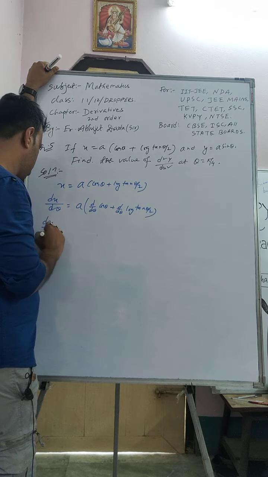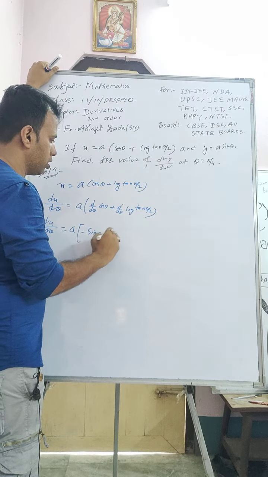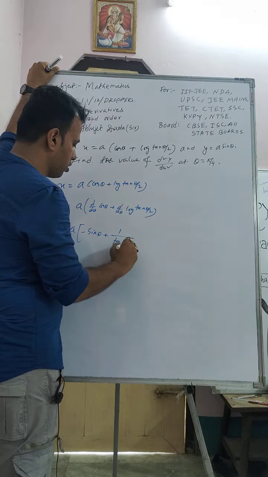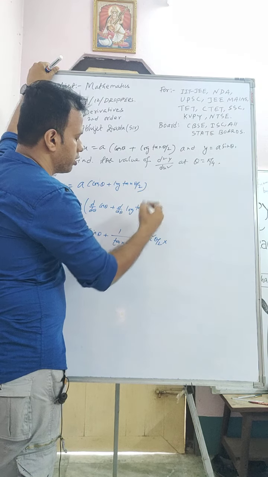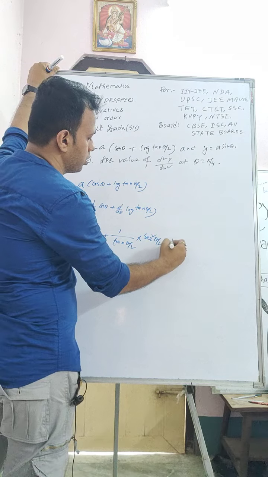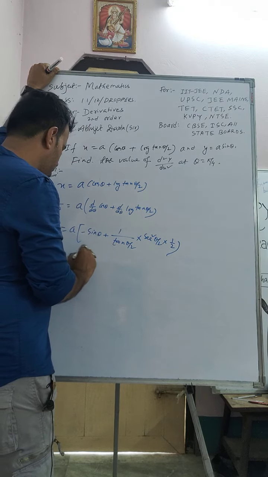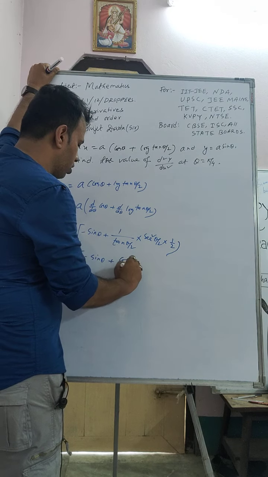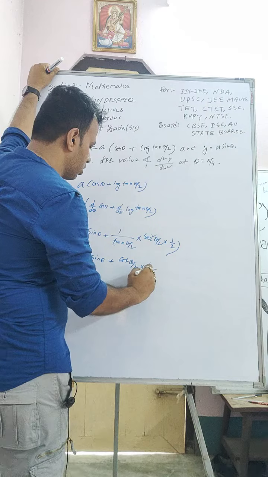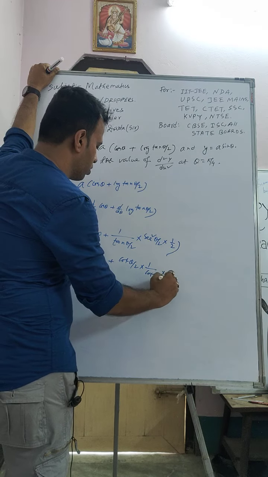So dx by d theta will be minus sin theta, and it will be 1 by tan theta by 2, it will be sec square theta by 2, and the derivative of theta by 2 is 1 by 2. Okay, so now minus sin theta, plus cot theta by 2, and here will be 1 by cos square theta by 2, into 1 by 2.